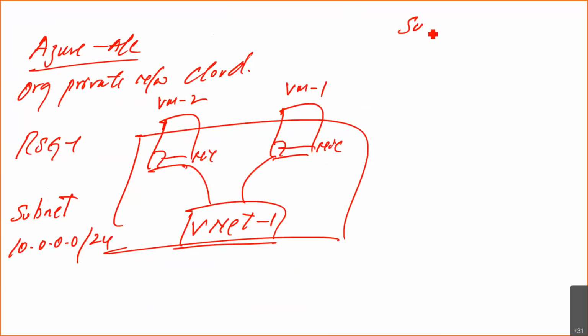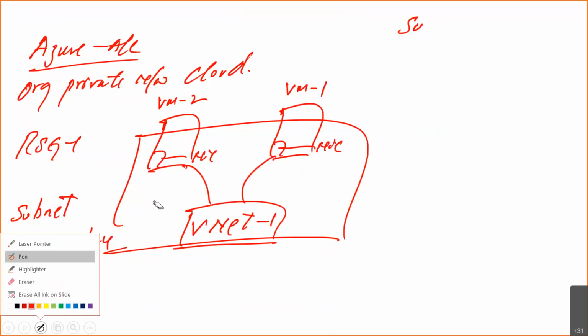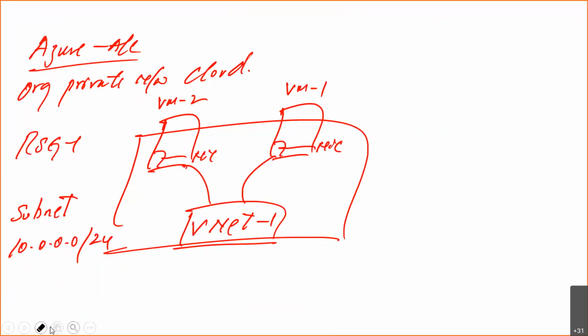Guys, we can assign the IP address by two methods. There are two methods to assign the IP. One is static. Static means manually you go to this machine and assign the IP. It's called static IP. Okay. Then the second option is what here? Dynamic.